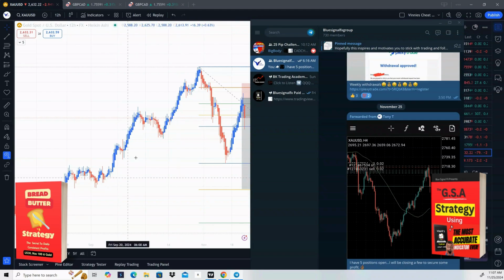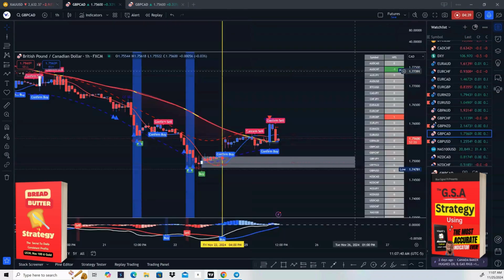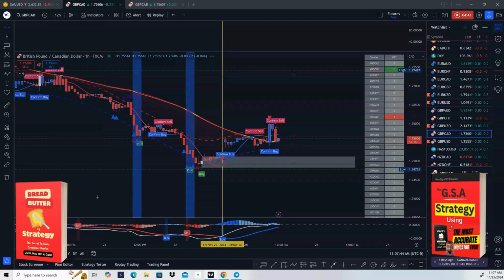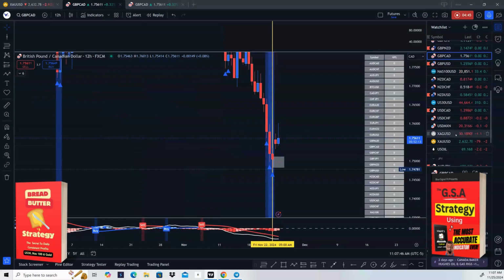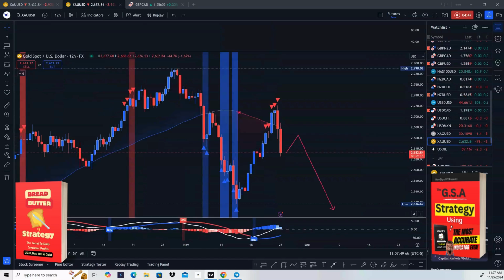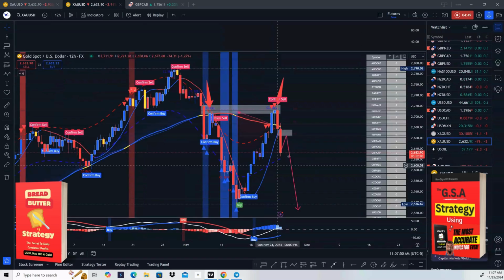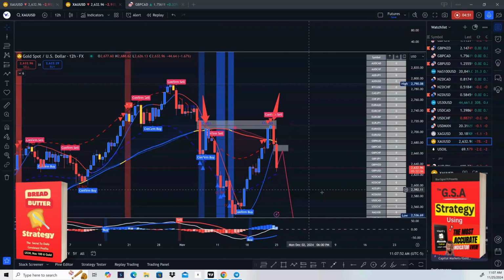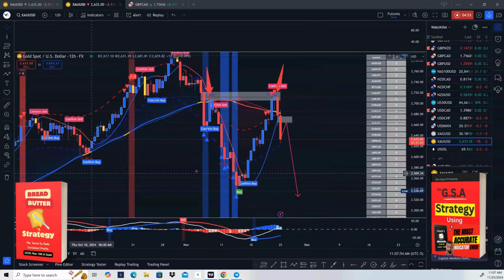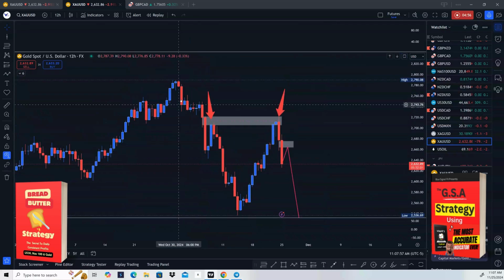Okay, so let's go back to this chart and let's go to a higher time frame, and we'll go to gold. As you guys can see, gold had an initial move down.